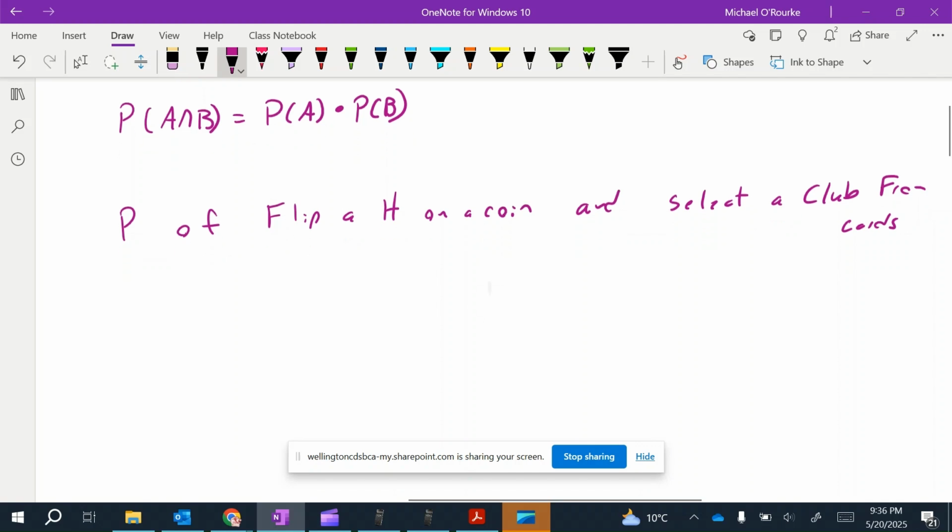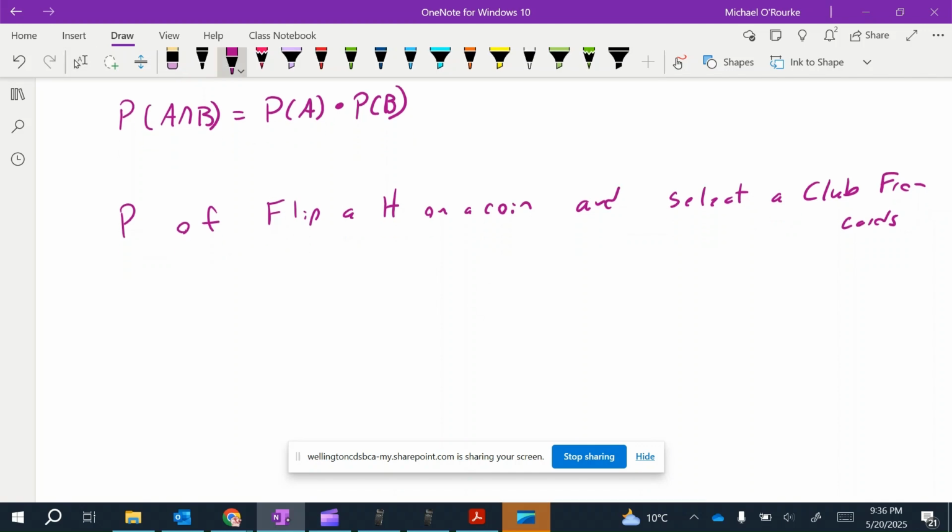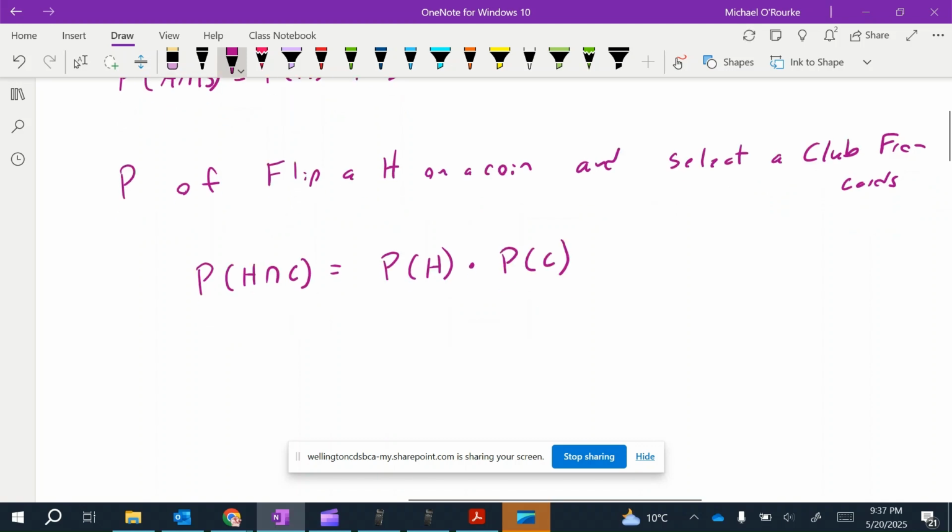Now these are independent because the flipping of a coin does not affect the club from the deck of cards. So we're looking at the probability of a head and a club, and that would equal the probability of flipping a heads times the probability of selecting a club.